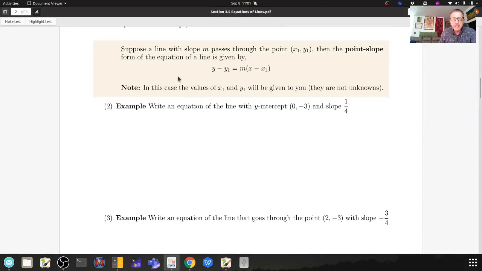And that indeed is our point slope form. So if you're given a specific point, x1 and y1, and you know the slope, then the general point slope form of the equation of the line is y minus y1 is equal to m times x minus x1. Remember, y1 and x1 will be a specific point that you're given.